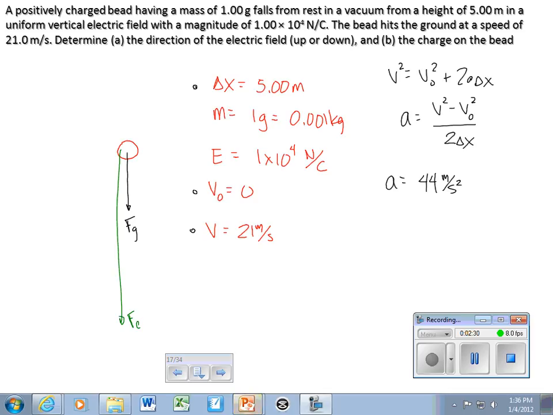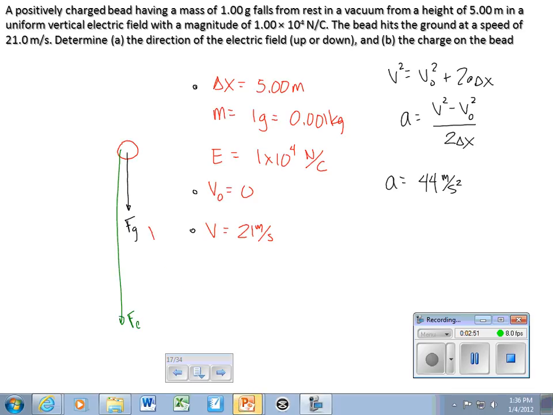I'm going to draw it bigger than gravitational force because gravitational force would make it accelerate at 10 meters per second squared, but it's accelerating 4.5 times that fast, so we must have a bigger force that we'll call Fe. So now we have two forces acting on this mass.